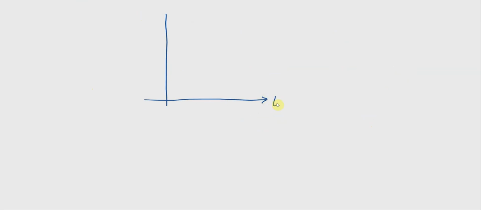Here's t, here's P, and you would have a flat line here, exponential growth, and then a leveling off. And where is this horizontal asymptote? It is at K, the carrying capacity.